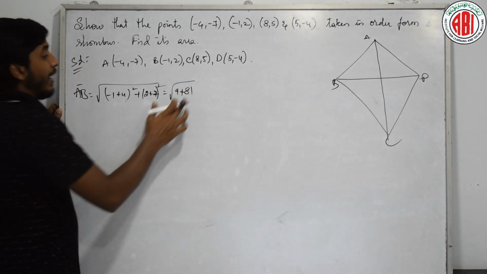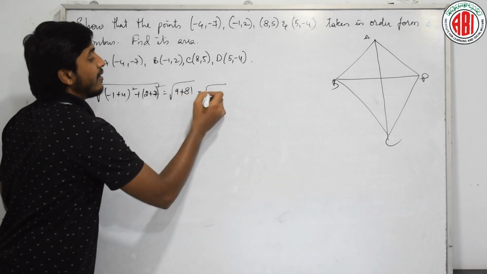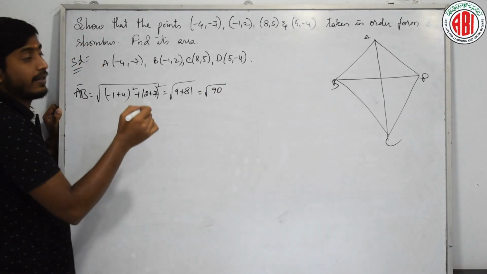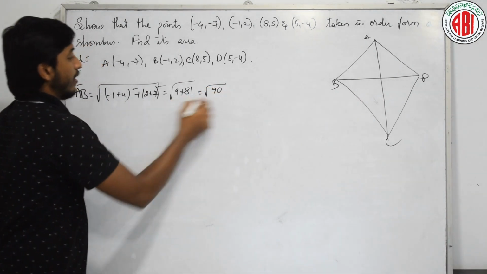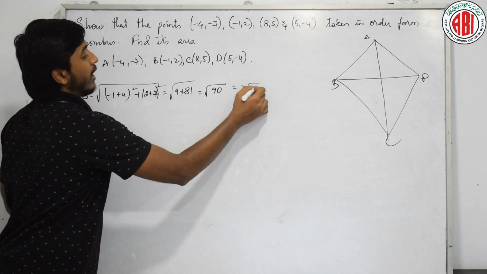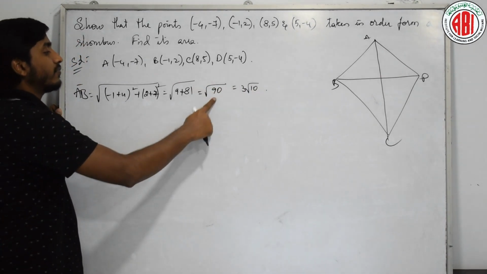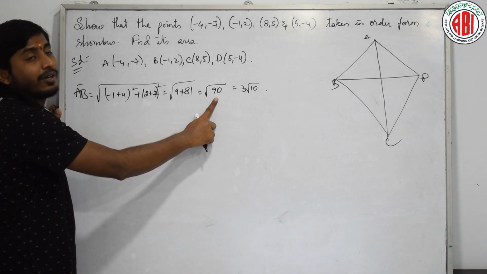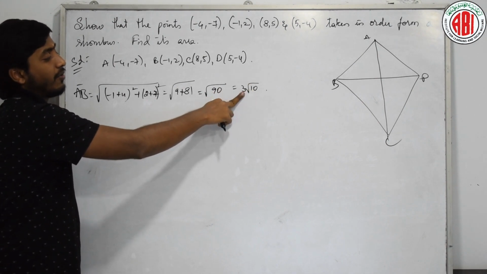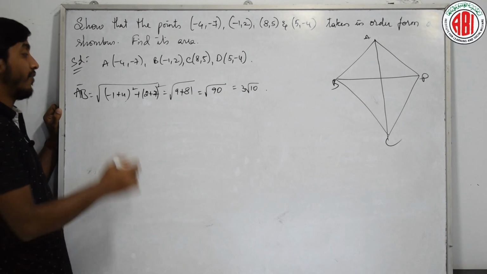Is it right? 81 plus 9 can be written as 90. That is nothing but how much is it? 3 root 10. Yes or no? Right? Fine. 90 can be written as 9 into 10. I have taken 3 outside and 10 inside. 3 is square root of 9.